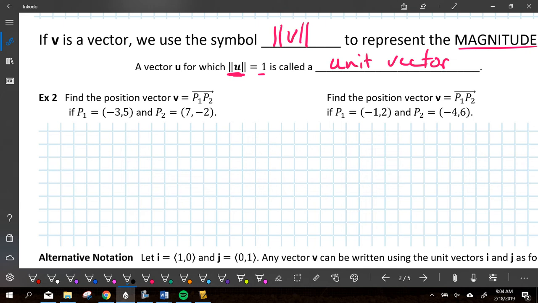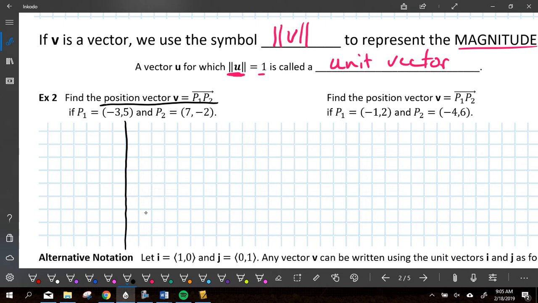And so they are saying find the position vector in this first one. This is not magnitude related, but we can make it magnitude related in a little bit. Find the position vector. So we're going to eventually find the vector given those 2 bits of information. Let's do this by hand first, and then we'll show you what it looks like algebraically. So I'm going to make a little XY graph.